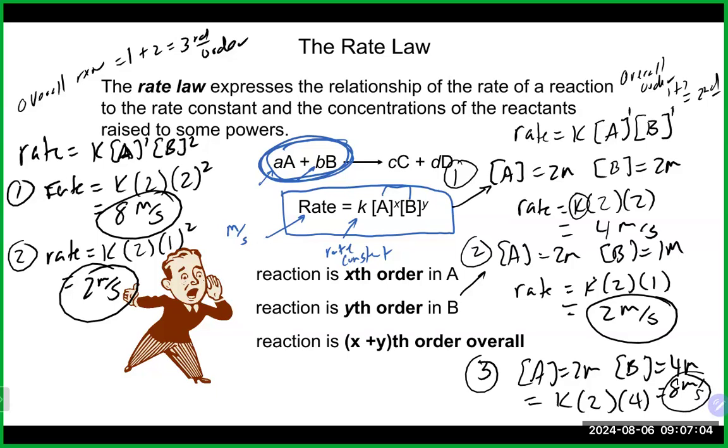Now, in this case, though, if I cut the concentration of A in half and left my other one initially at 2, we would actually get 4 molar per second. So in this case, there is a difference if you did A versus B, right? If I only cut A in half, my rate only dropped by half.